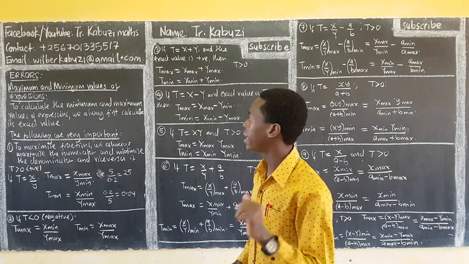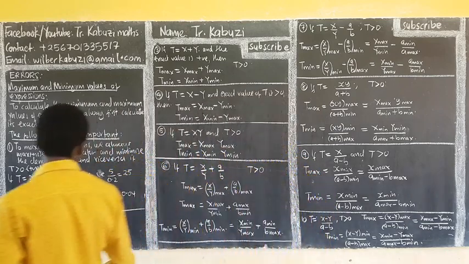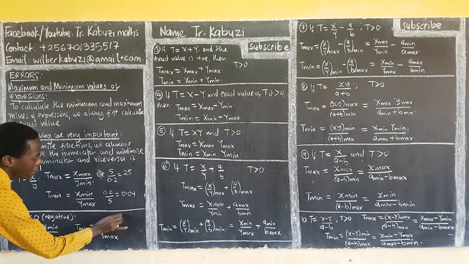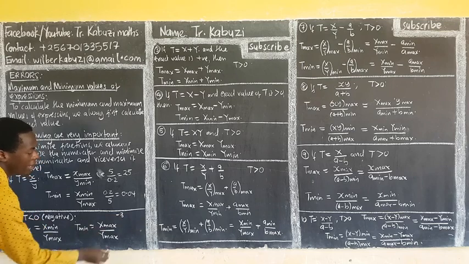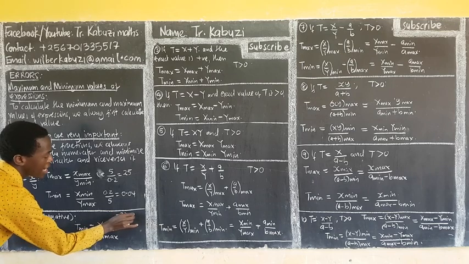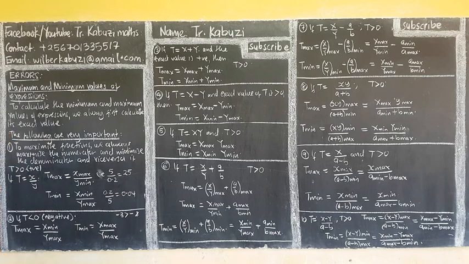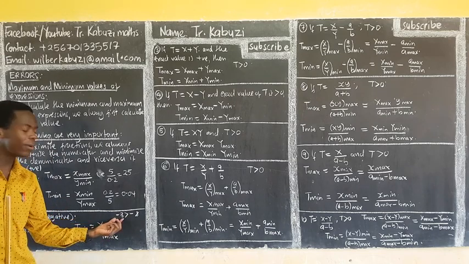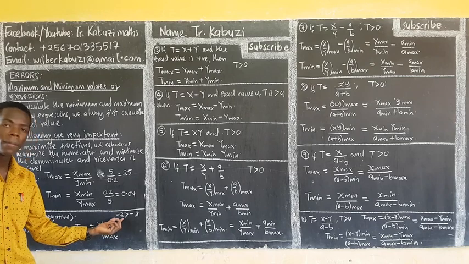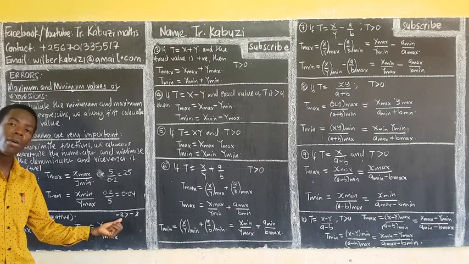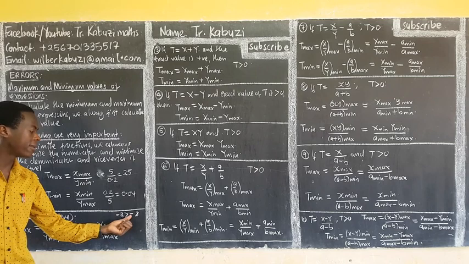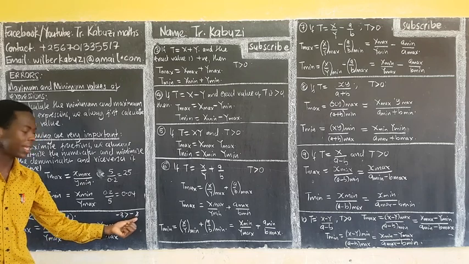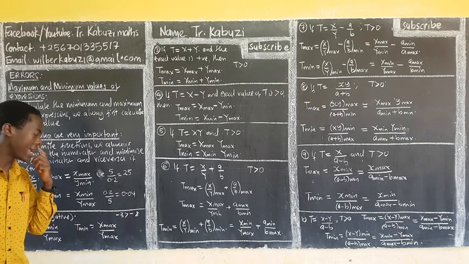What I mean is, if you have negative 3, this negative 3 is greater than negative 8. In simple terms, a number with a negative sign that is small in size is bigger than a negative number that is big in size. So this is the idea I want you to apply.